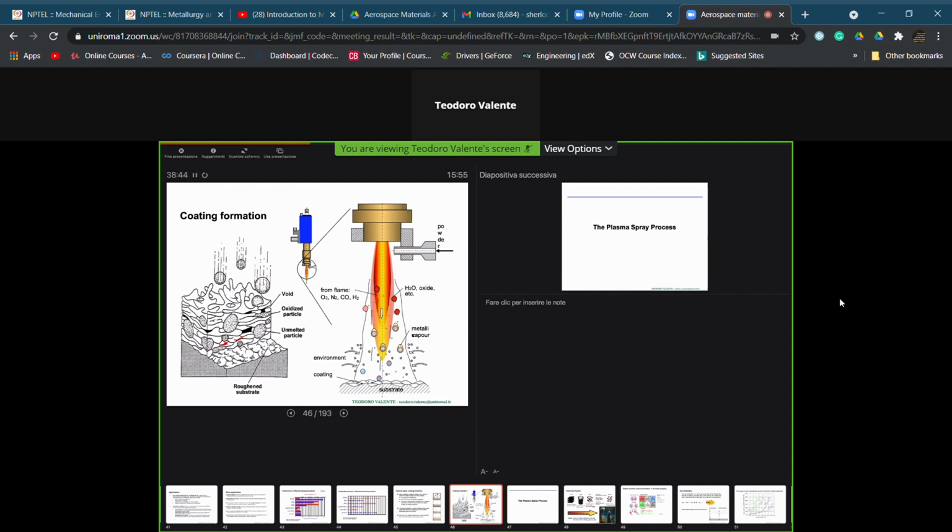And the gun is going to be moved if you want to coat something having a specific shape. And so this means that you are not able to cover the surface completely with just one gun pass, but you need a certain number of passes. For example, this is the substrate, this is the first splat, and the next, for example, will be here, okay?